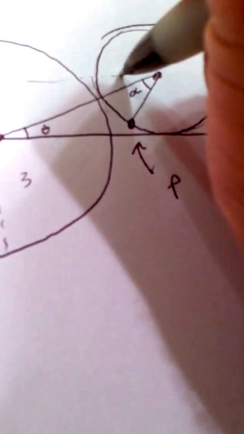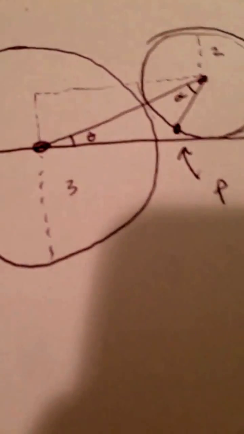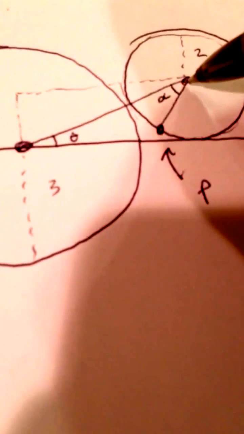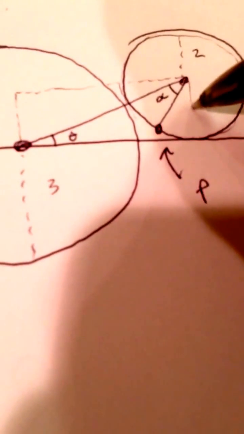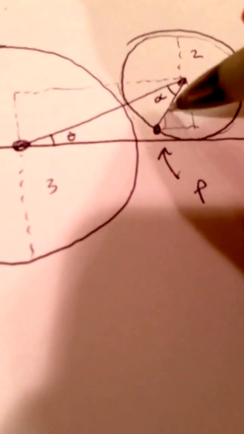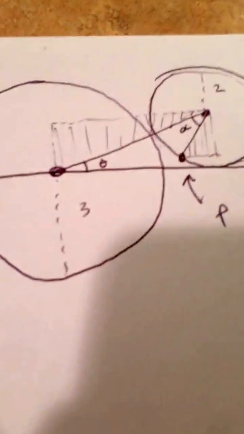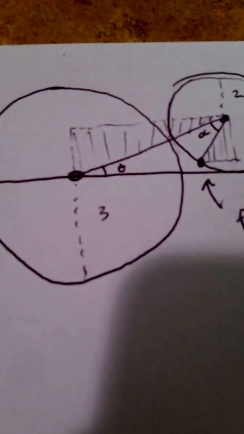All right, let's pretend this is a triangle, that dash line, and let's pretend this is a triangle right here. We got these two areas, and we'll work with some trig and get some definitions going, all right?